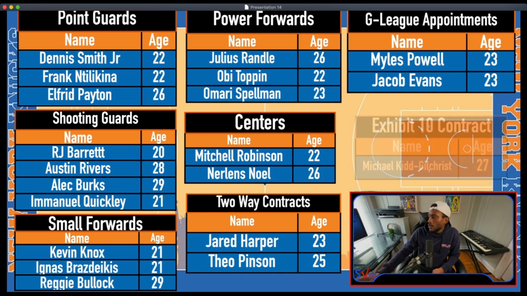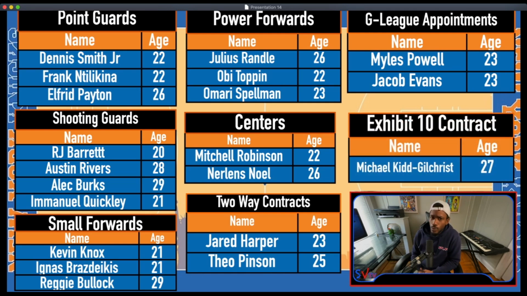And the Exhibit 10 contract, Michael Kidd-Gilchrist. Now, I don't know if he's going to be here at the start of the season, because the way an Exhibit 10 contract works is the player signs the contract and he is basically a training camp invite. And if he doesn't make the team, the team has the option of sending him to the G League, and the player can decide to stay and go to the G League, or he can decide to opt out and go be signed elsewhere.